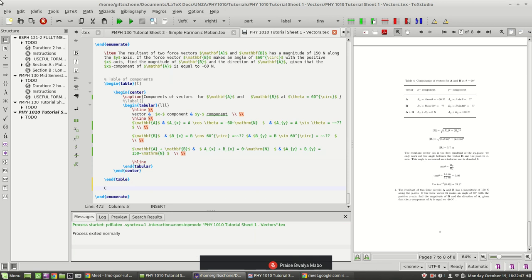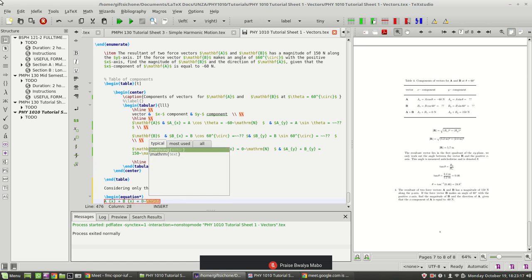So considering only the x components, we get the following. We have Ax plus Bx is equal to 0 newtons.